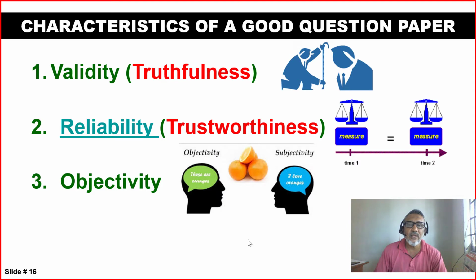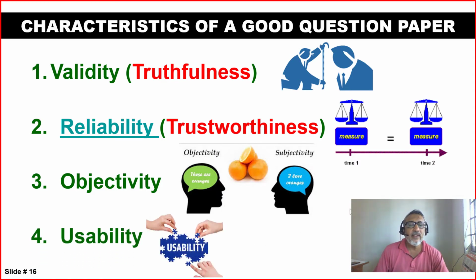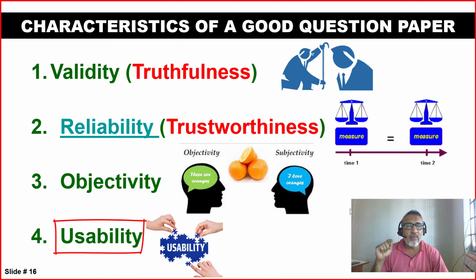And the fourth quality of any test is its usability. Usability is its practical value. In spite of the other three characteristics, if the test is too long, it is very difficult to administer in the given situation. That becomes unusable.